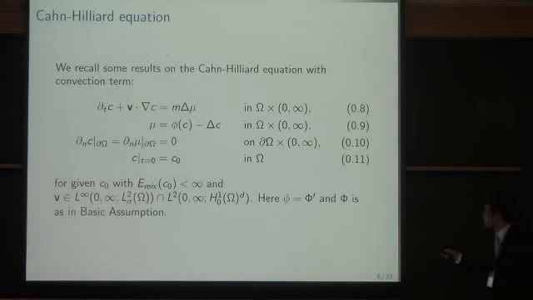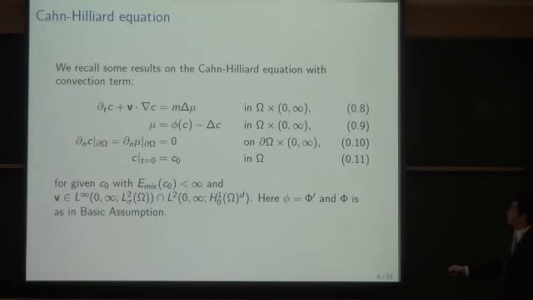Okay. So we recall some results on the Cahn-Hilliard equation with convection term. The basic point is this is the convection term, and v is a given vector function in the domain Ω times (0,∞), and we would like to consider this equation and its solvability.